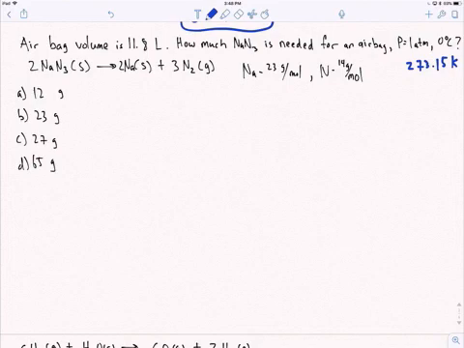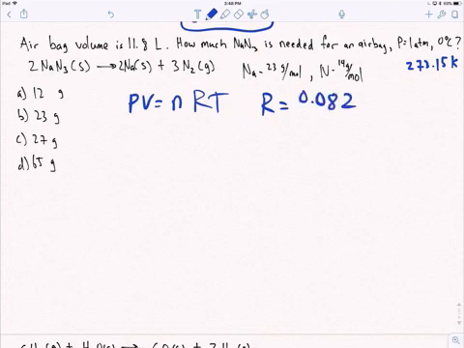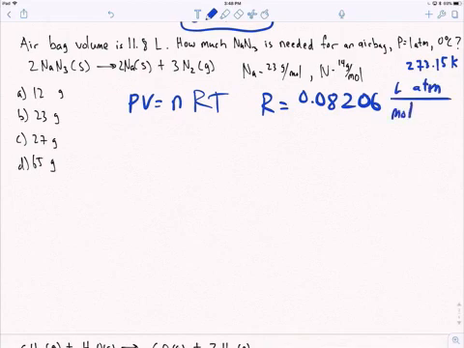What mass of sodium azide is needed for that airbag to fill to 11.8 liters? PV equals nRT, and R equals 0.08206 liter atmosphere per mole Kelvin.